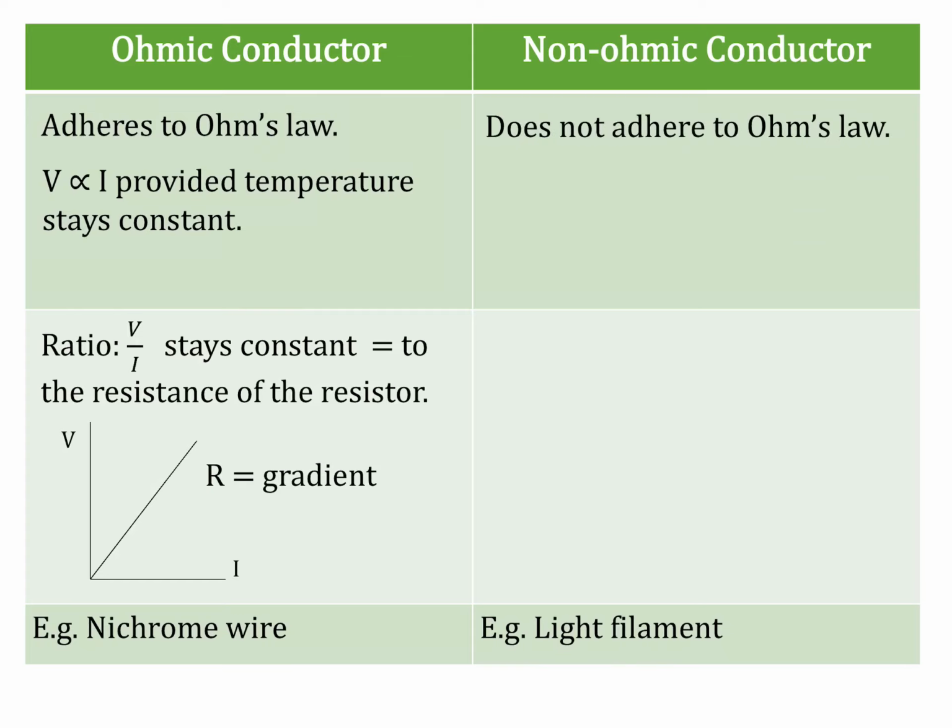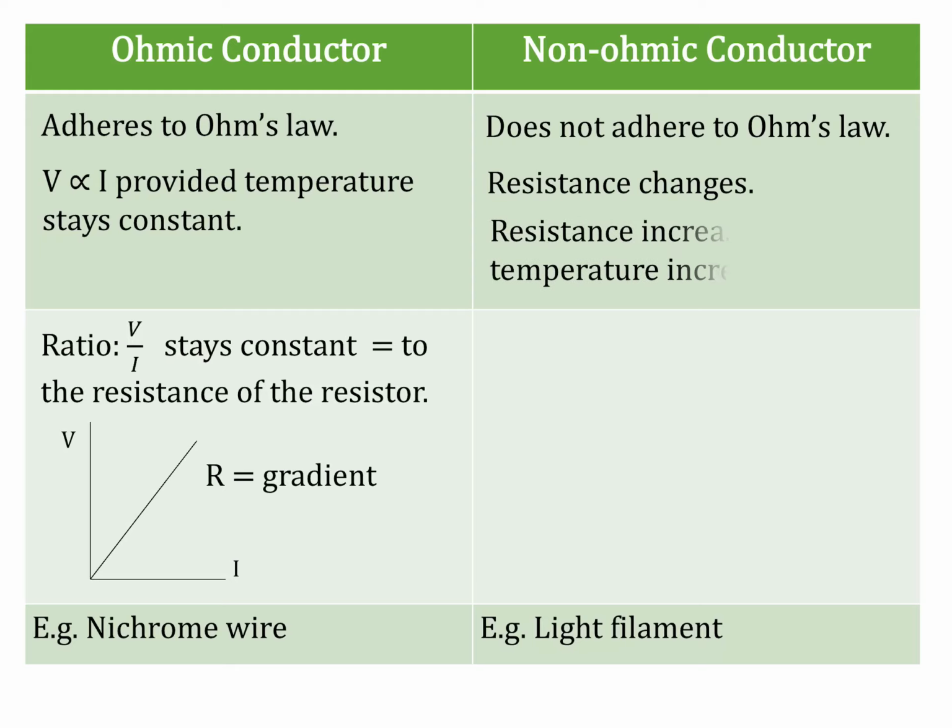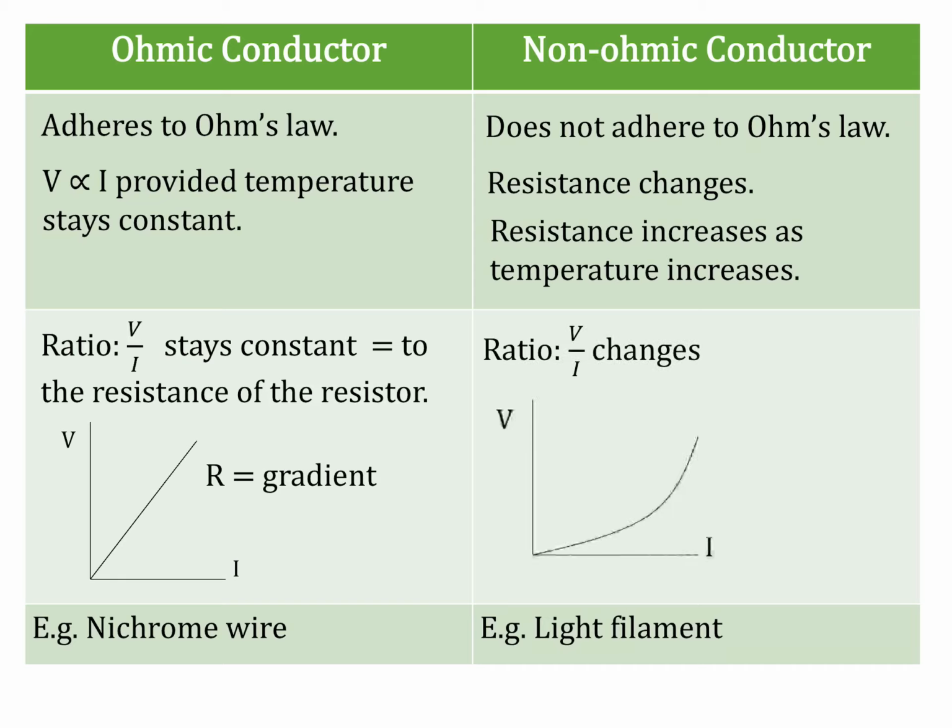Non-ohmic conductors do not obey Ohm's law, and that's because of their structure. We only work with ohmic conductors in all our calculations. Resistance increases as temperature increases. The ratio of V over I can change, and what happens is we get a curve.